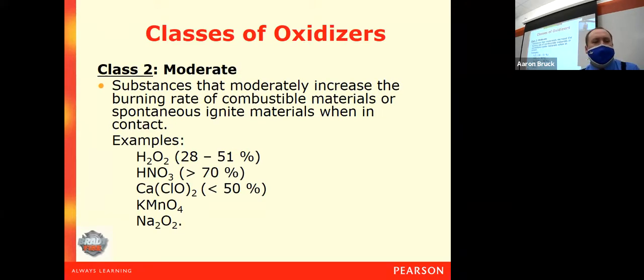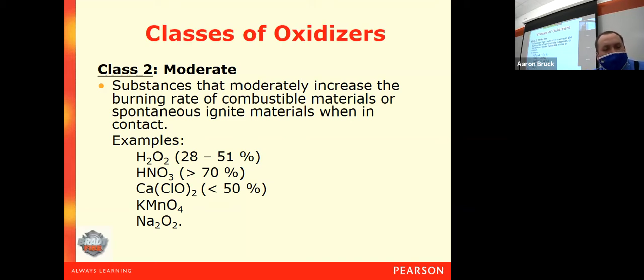In your class 2, you have your moderate oxidizers. These are substances that will moderately increase the burning rate of certain kinds of combustible materials. These also have the capability to cause spontaneous combustion if in the right fuel to air ratio with the right material.